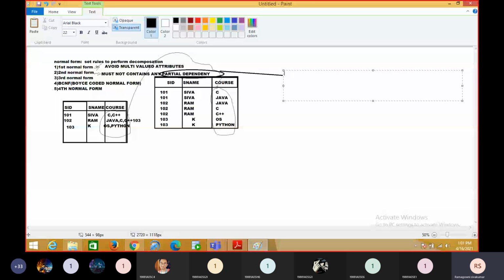Transitive dependency. What is the transitive rule?